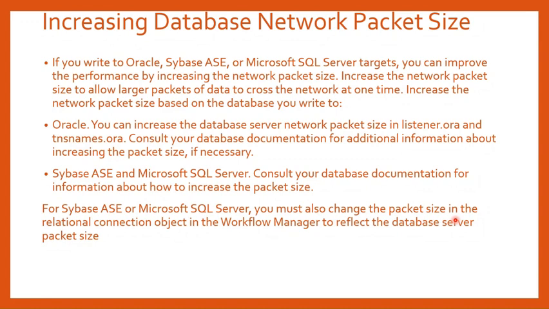So this is all about the network packet size, how to increase it, because you can't increase it by yourself, as it involves your DBA. You check with your DBA, they can check the entire setup and availability, then they can increase it. As a developer, you need to change things at the mapping level. Always try to set everything at the mapping level, whatever you can do as the technical part.